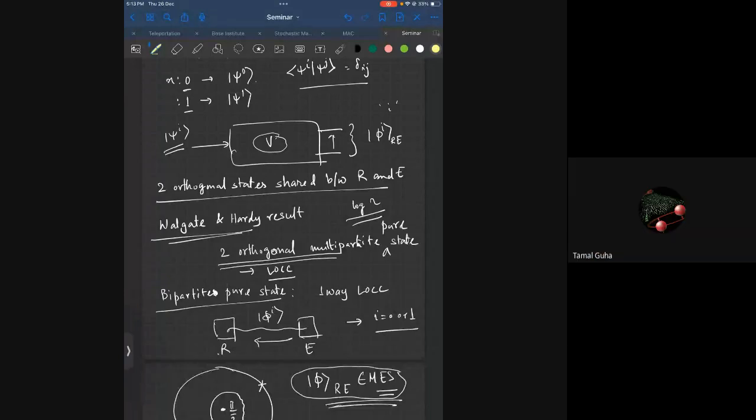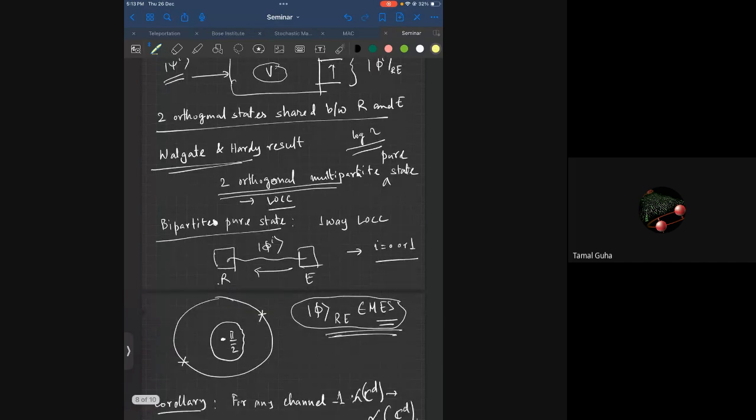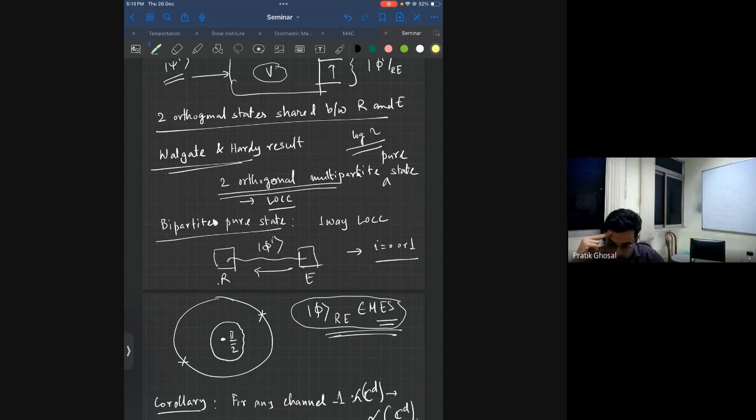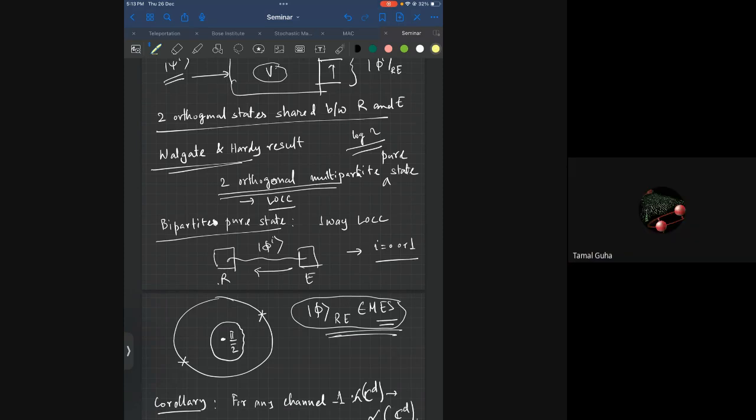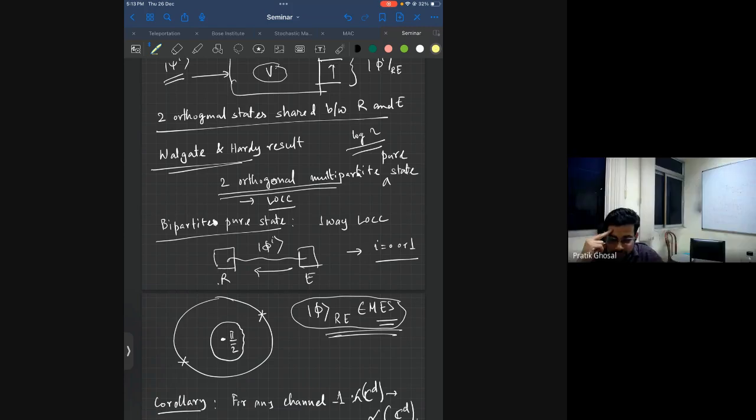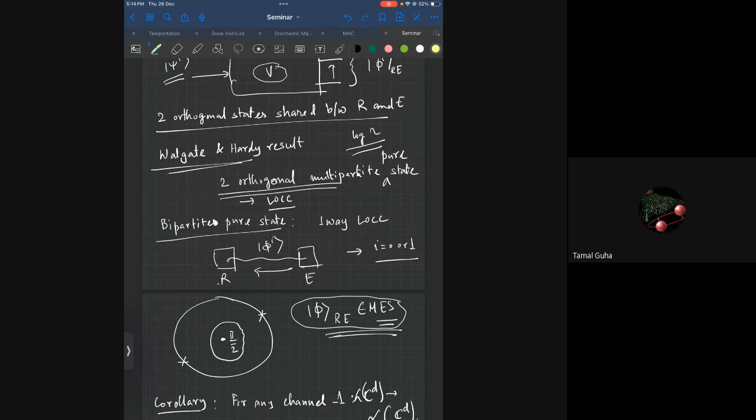Another thing, I think Kunika was also asking about this. It's really interesting that for getting the environment-assisted capacity, if you want assistance from the environment, you have to encode your message in orthogonal quantum states, right? Yes. But in the classical communication scenario, there are instances where, for optimizing the classical capacity, we need non-orthogonal states. If you are using a non-unital channel, then without the assistance of the environment, it is better to encode in non-orthogonal states.